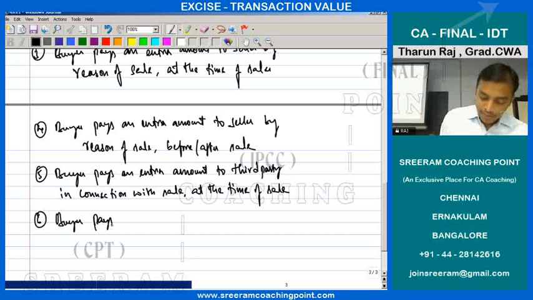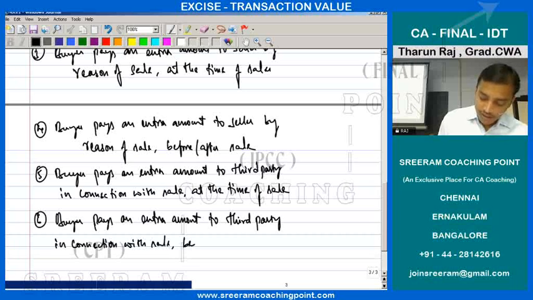The buyer pays an extra amount to a third party in connection with sale before or after sale.